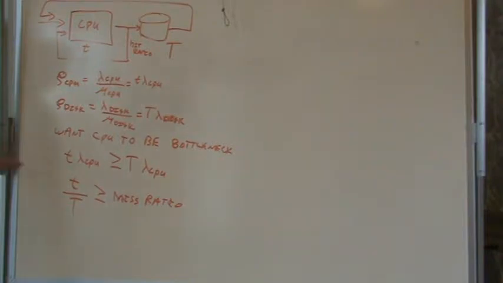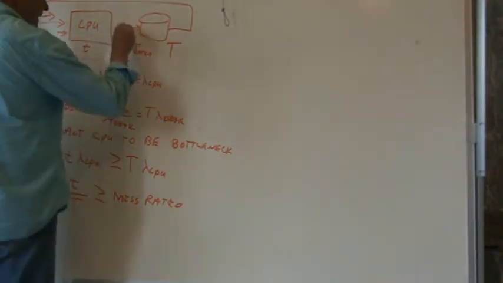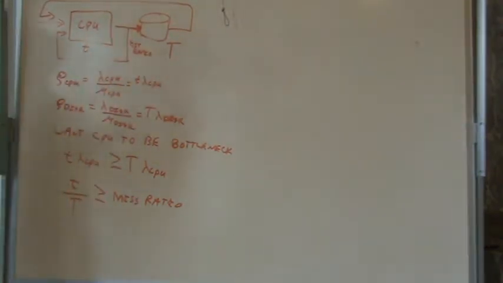So whatever the time is at the CPU divided by the time it takes at the disk drive, we would like the miss ratio, how often we take this path, to never go higher than that percentage. For example, if the CPU works 10 times faster than the disk drive, we don't want the miss ratio to go higher than 1/10.